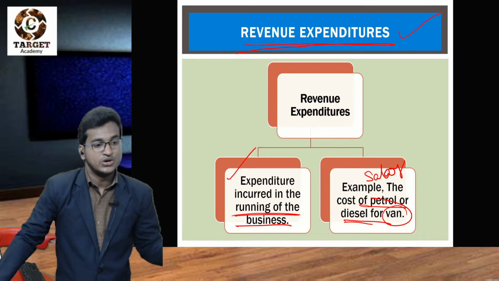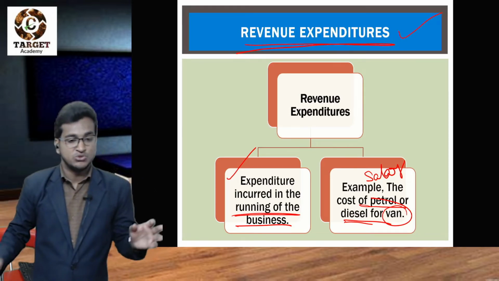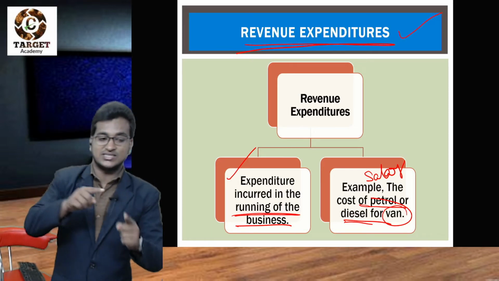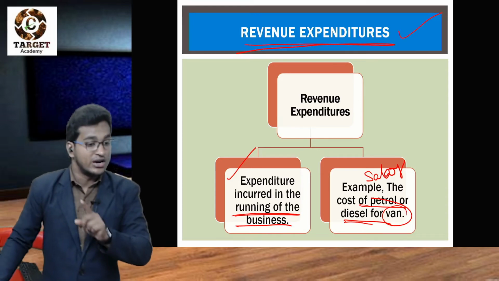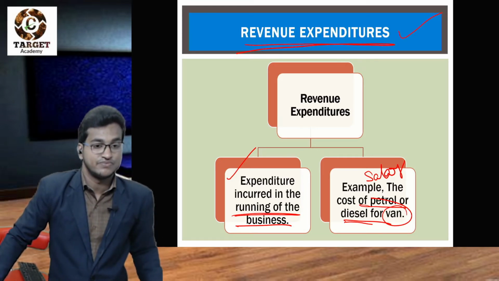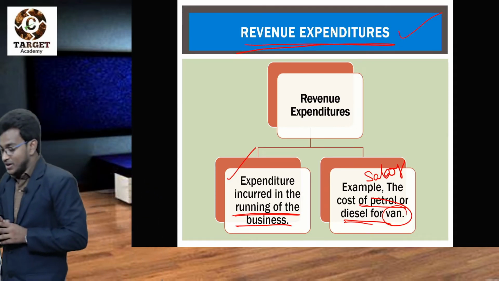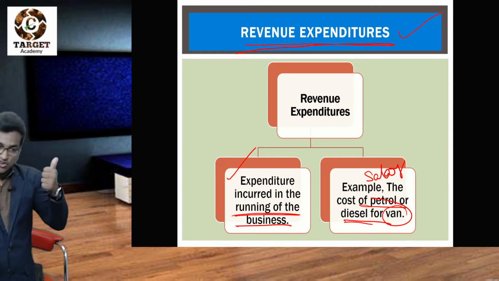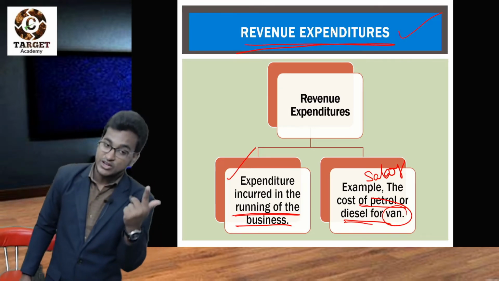Okay, so we have to add that expenditure to the asset. That means we have to add that expenditure to the capital, that means to the asset. That expenditure is also a capital expenditure, not revenue expenditure. I think you got clarity now. Capital expenditure means expenditure incurred for purchase of fixed asset, for alteration of fixed asset, for improvement of fixed asset.